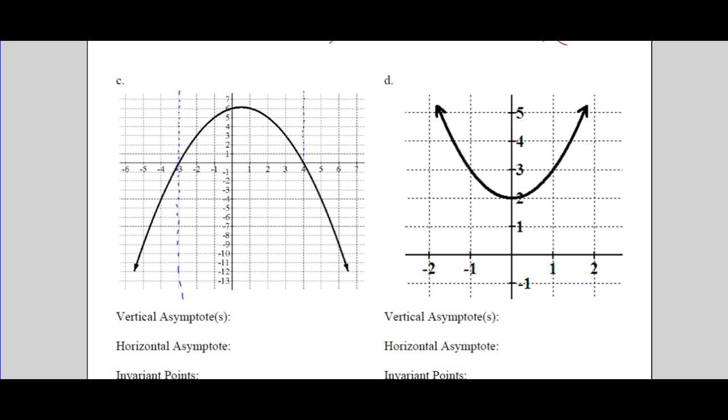Asymptote line. Invariant points. Go along the line y equals 1. Look along this line. Just plot these points. Go along the line y equals -1. Plot these points.